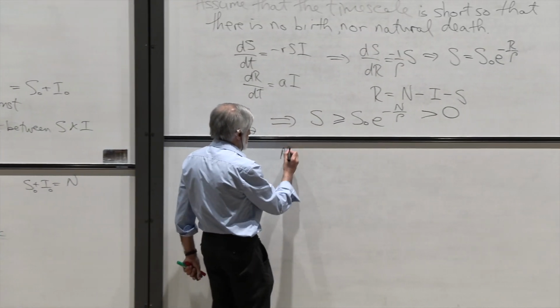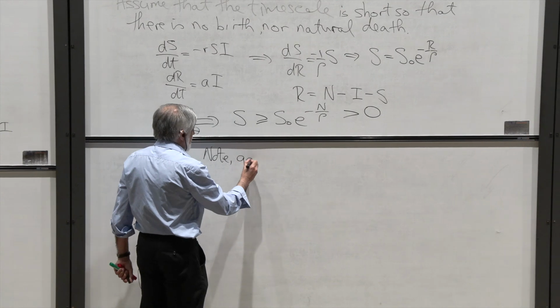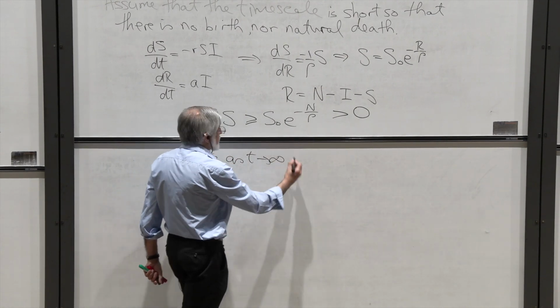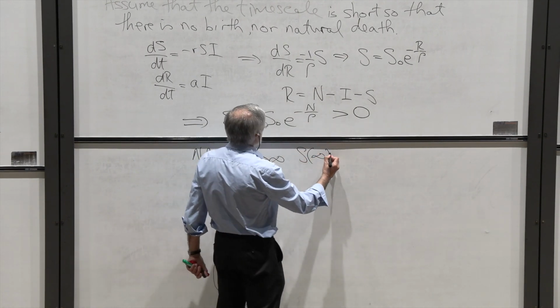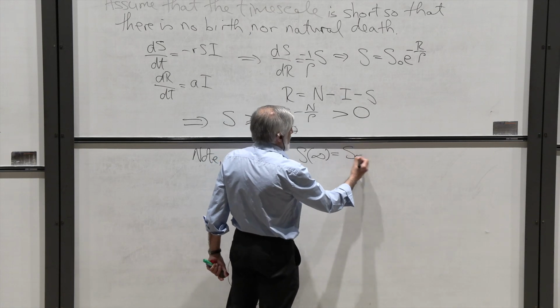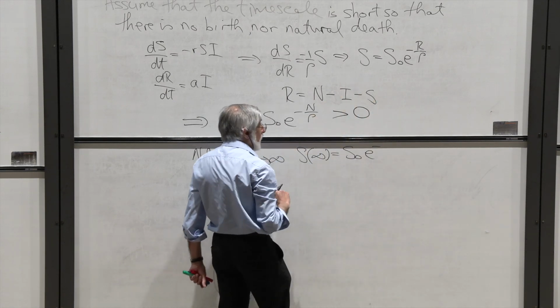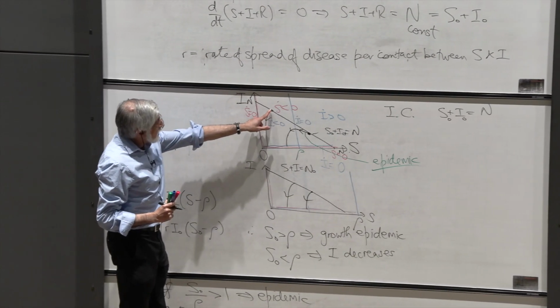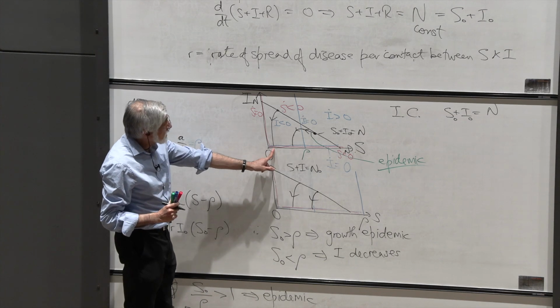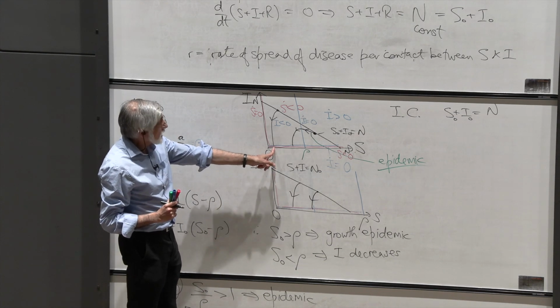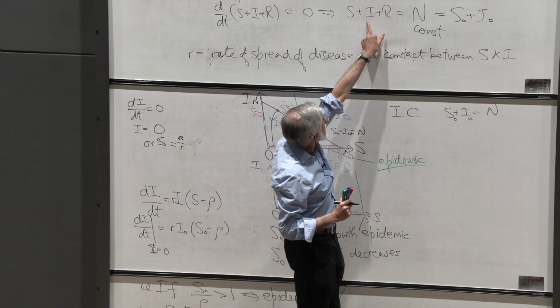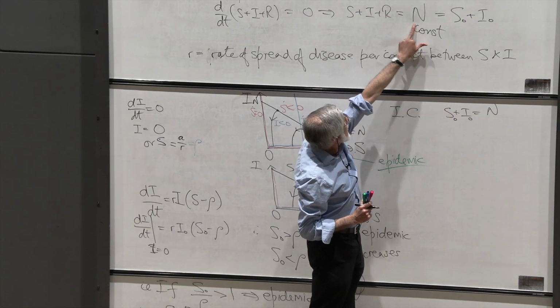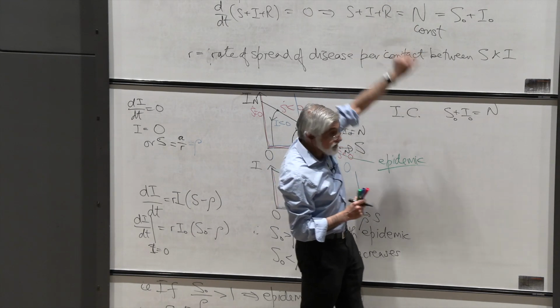And note, as t goes to infinity, S of infinity will equal S naught e to the minus R over rho. Well, now we've figured out that the disease dies out when I goes to 0. So when I goes to 0, big R is N minus S of infinity.